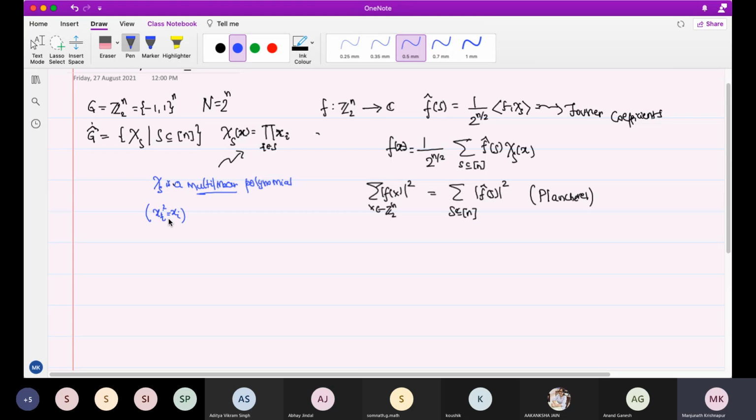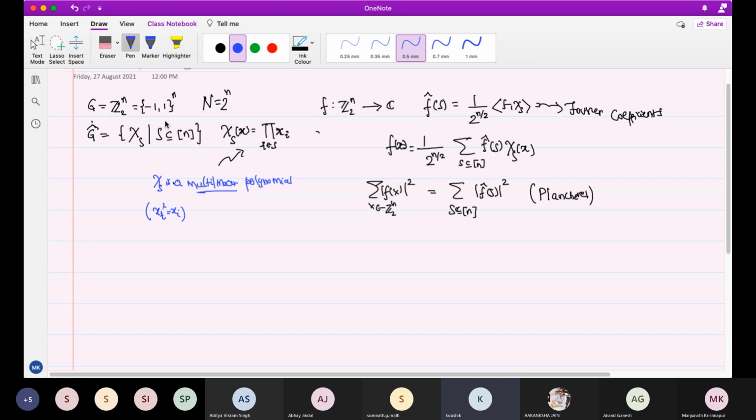If you have any polynomial of x1, x2, up to xn, and you want to evaluate it on this Z2 to the n, then higher powers are useless. Manju, in your minus 1, 1 notation, x_i squared is 1, not x_i.